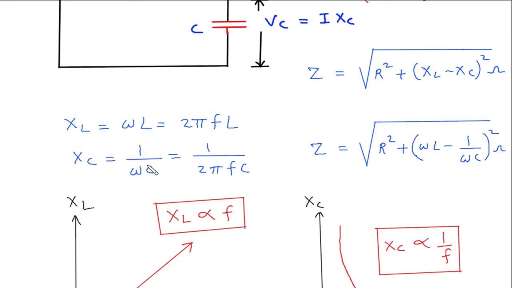XC is equal to 1 upon omega C, and omega is again 2 pi f. Now from this we can say Z is equal to under root of R square plus omega L minus 1 upon omega C. We can replace the value of XL and XC, so this will be omega L and this will be 1 upon omega C.